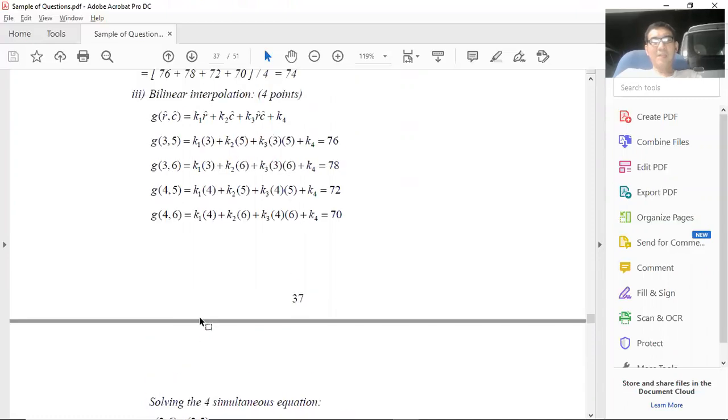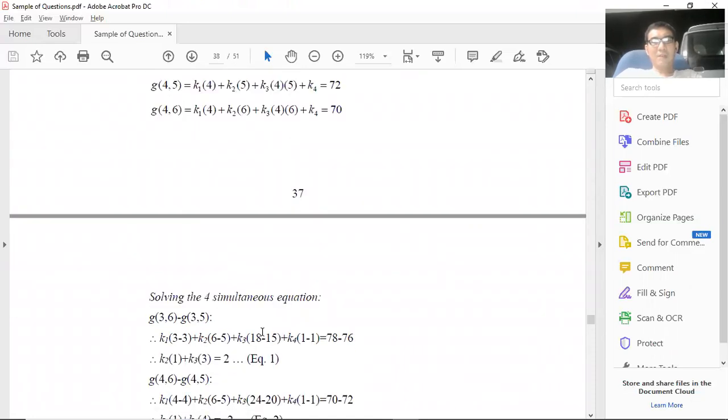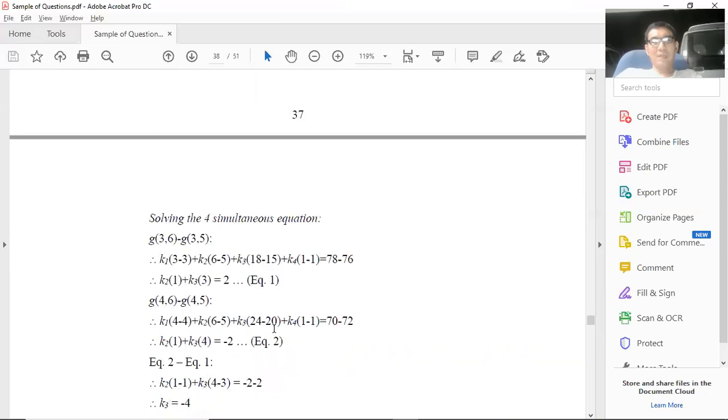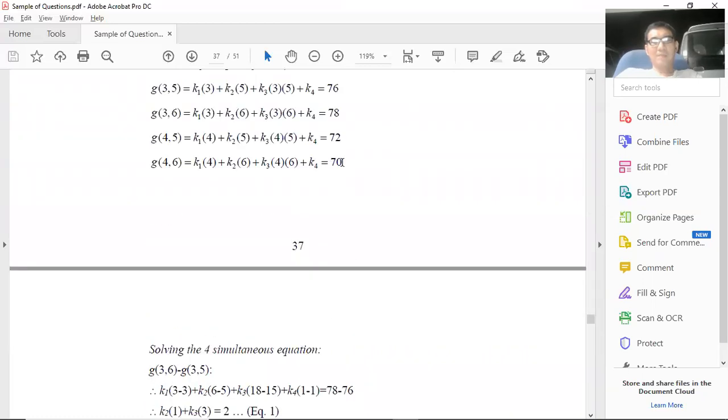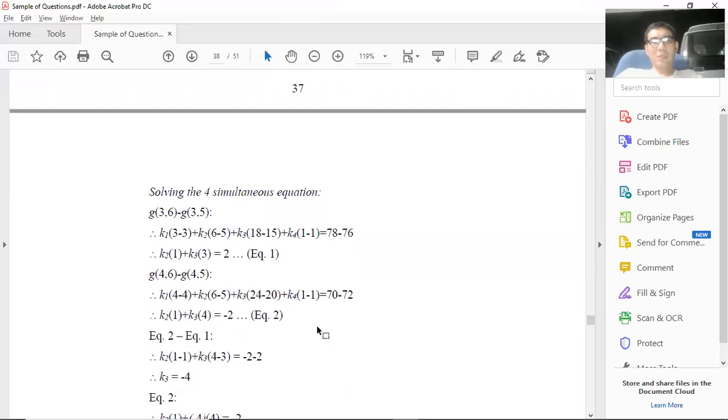Then you repeat the same for the third and fourth equations. You take the fourth minus the third. The same, K1 and K4 cancel each other, leaving only K2 and K3. So it's 6 minus 5 for K2, and K3 is 24 minus 20, and the right side is 70 minus 72. Okay, so this is the second equation.